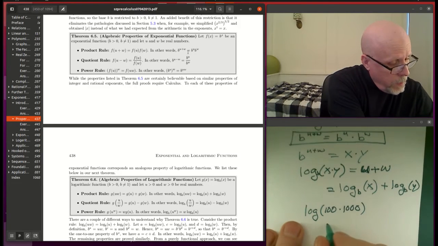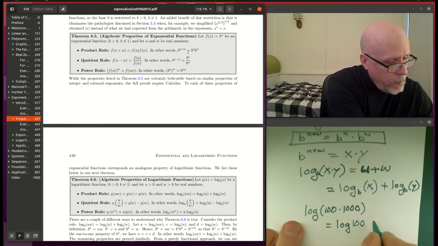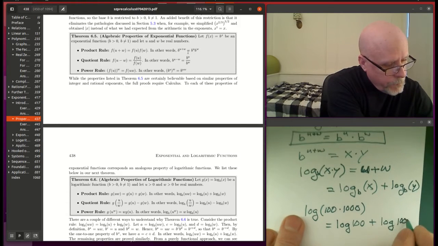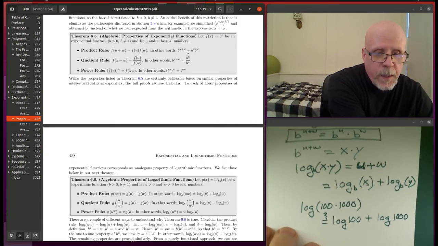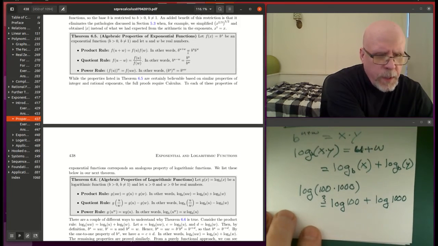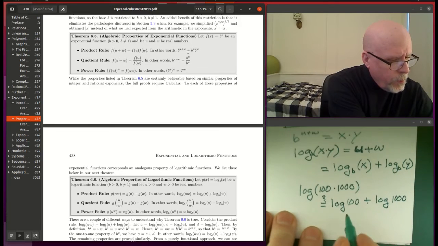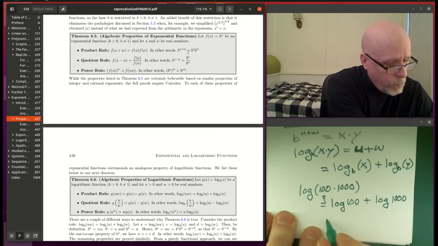Now, according to the rule, this should be log base 10 of 100 plus log base 10 of 1,000. I'm just going to say question mark over that equal sign though. Why am I questioning that? Well, these are two things that I know. Log base 10 of 100, that's 2. And log base 10 of 1,000 is 3.